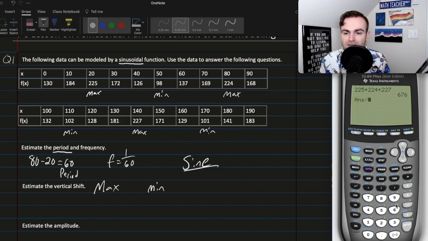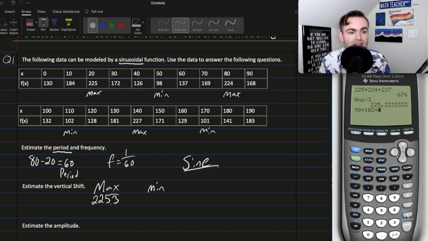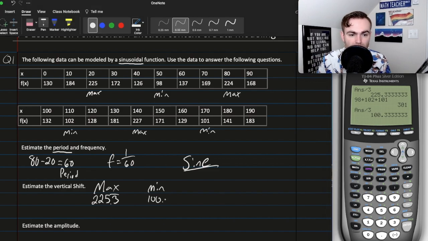Add those together and divide by 3, and we get a max of 225.3 repeating. Minimums, if we do the same thing, we get 98 plus 102 plus 101, which is 301, divide that by 3, and we get a minimum of 100.3 repeating.